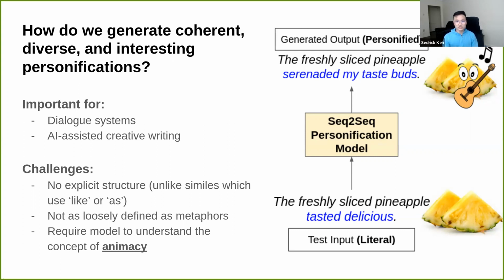But for personifications, it specifically has the requirement that the topic must be something that's distinctly inanimate, and the action or the description must be something that's distinctly animate or distinctly human. And so this really requires the model to be able to understand and to be able to model the concept of animacy.